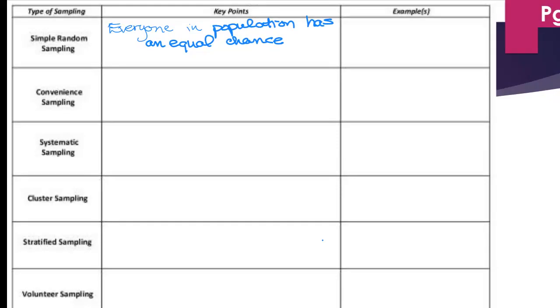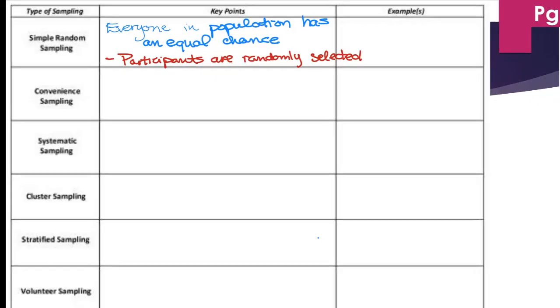If I can. Everyone in the population has an equal chance. Participants are randomly selected. Okay.